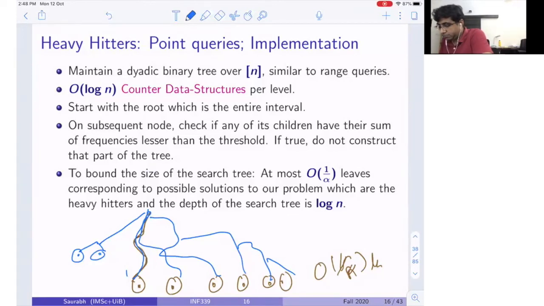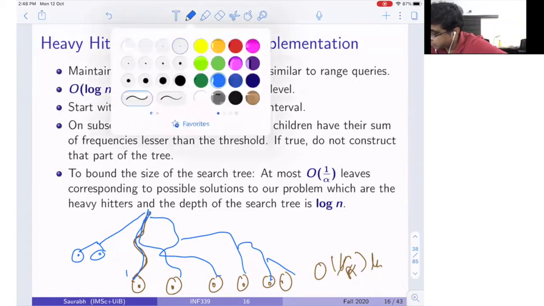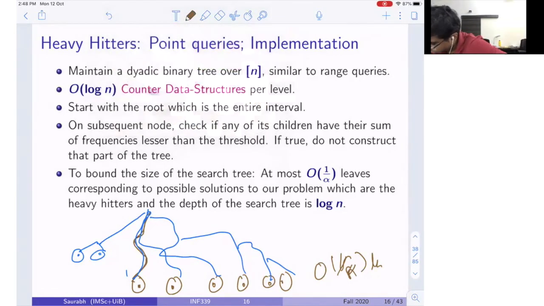But at any point of time, you can charge. Suppose this is a query which you asked, and after that, you said, oh, let's not create this tree. But you can charge this query to its parent here.